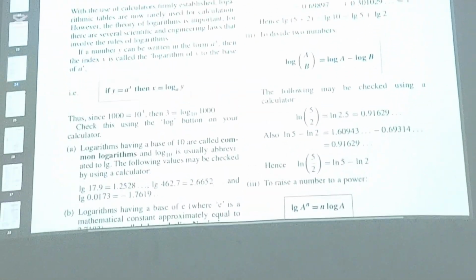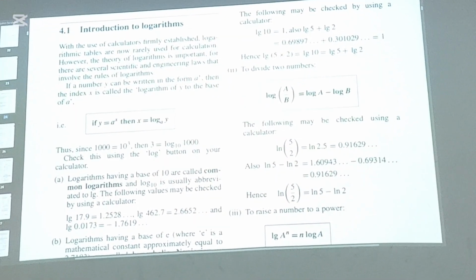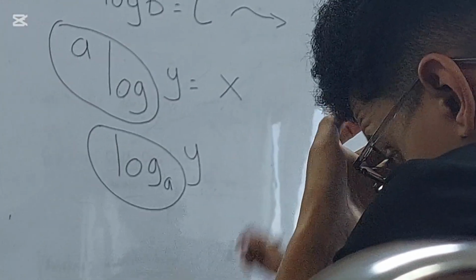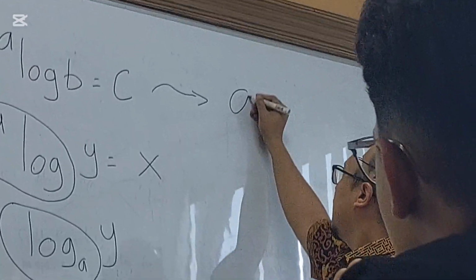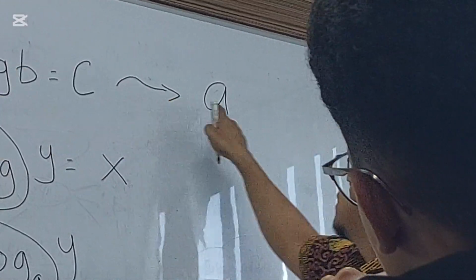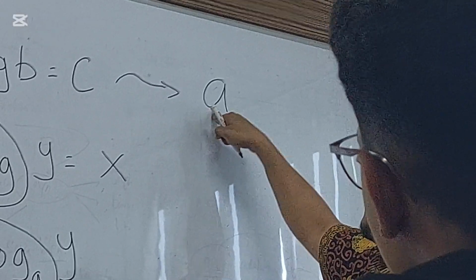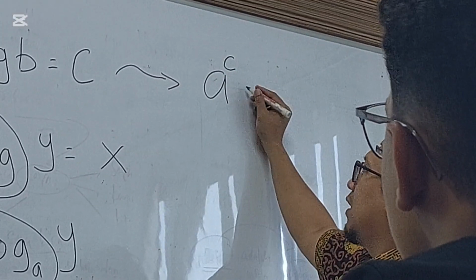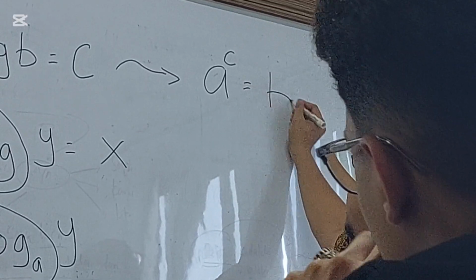The basic logarithmic function we can also transform into an exponential function, as this a and this a are similar. a power c equal to b.